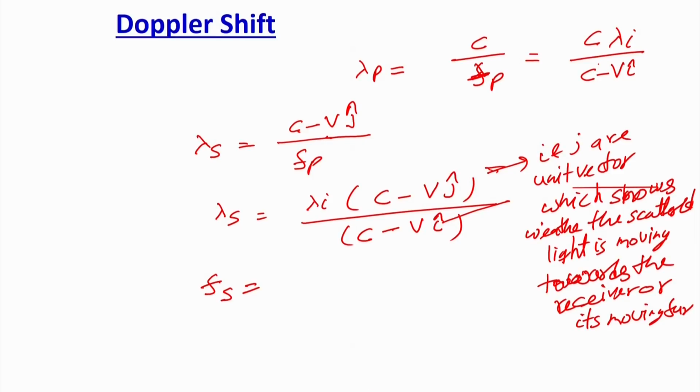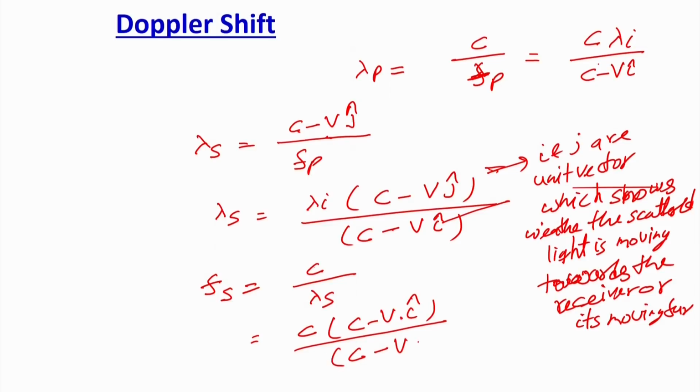And lambda s can be written as c upon, c minus v dot I upon c minus v dot j, multiplied by lambda I. So, that is the way f s will be given.